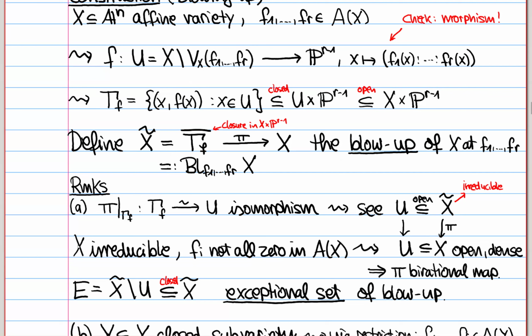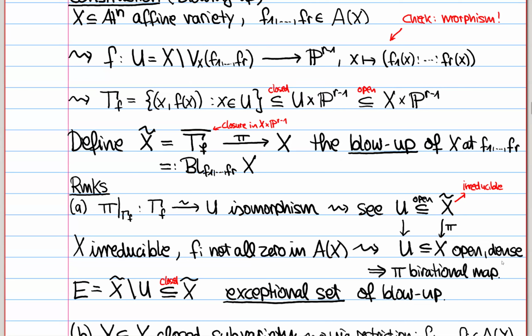And that's very nice because then if we restrict to the case, so a priori x was allowed to be any affine variety, but if x happens to be irreducible and the fi are not all 0 in this ring, then U is non-empty because there's at least one point where not all of the functions vanish. So we have this non-empty open subset in there. It's then automatically dense.